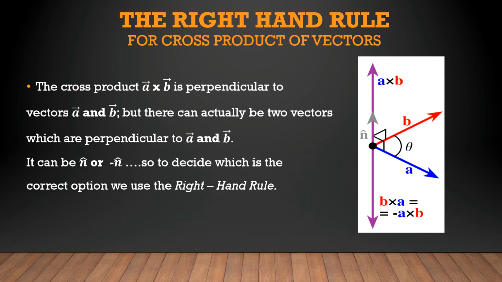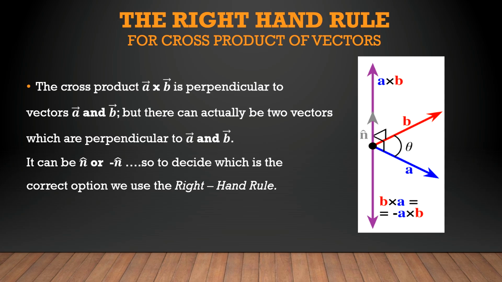Now the right hand rule for determining the cross product of two vectors, or it is actually the right handed system which we call. The cross product A cross B, you know it is perpendicular to both the vectors A and B. So now imagine in three-dimensional space that you have a vector which is perpendicular to the given vectors A and B. This perpendicular vector can be in any one of two directions.